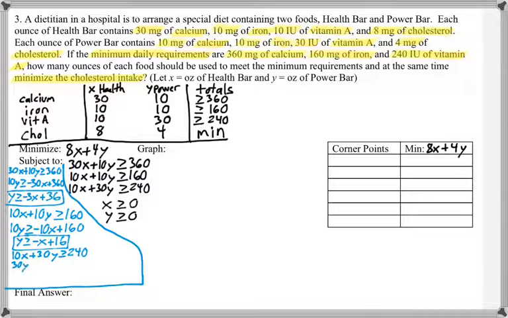So I want to subtract 10x from both sides, and then divide everything by 30. So y is going to be greater than or equal to negative 10 over 30, which reduces to negative 1/3, and then 240 divided by 30 is 8. So y is greater than or equal to negative 1/3 x plus 8. And then lastly we have y is greater than or equal to 0.